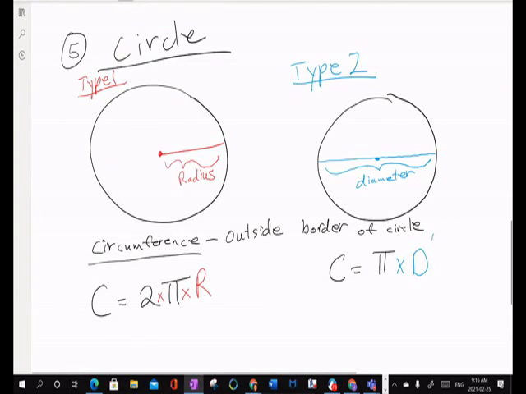Now remember, this d value is the diameter we were talking about in our circle. And this part here, r, is our radius for our circle.